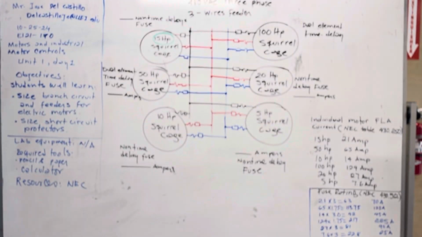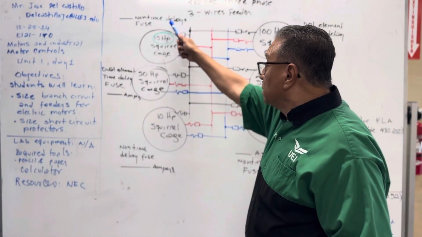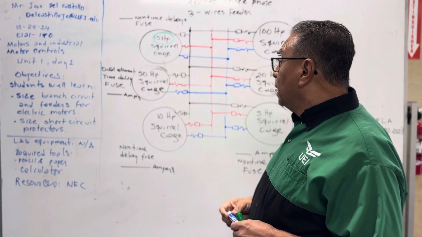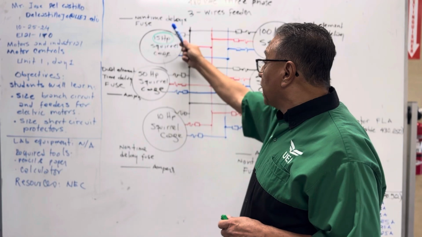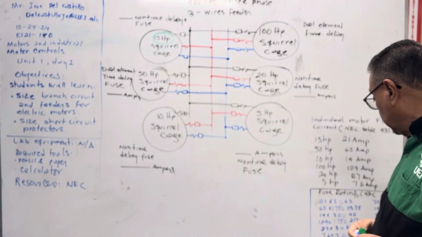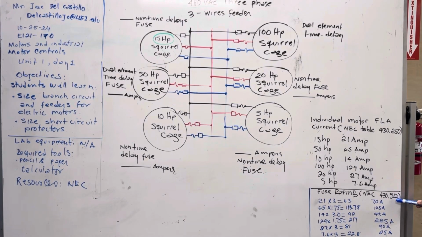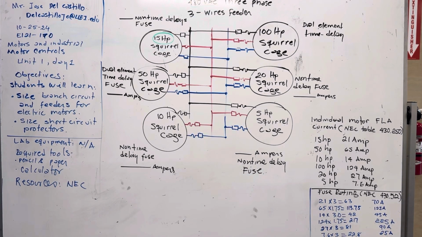So how do I determine the fuse rating? The first one, I want to use a non-time delay fuse. I go to table 420.52.